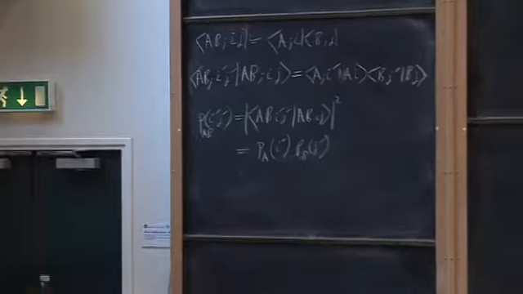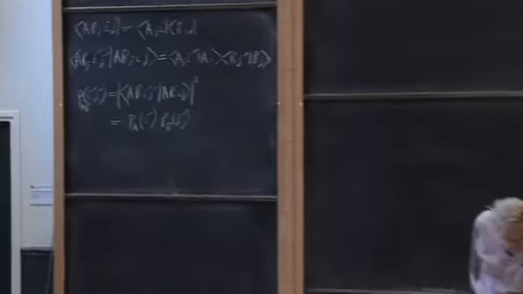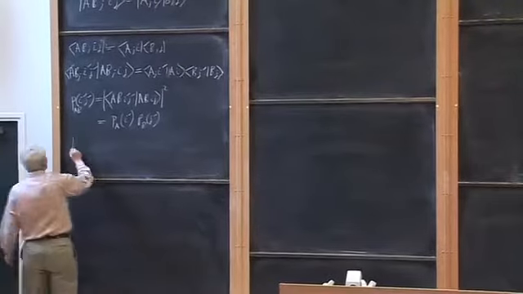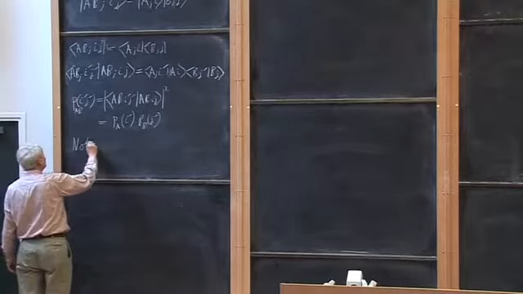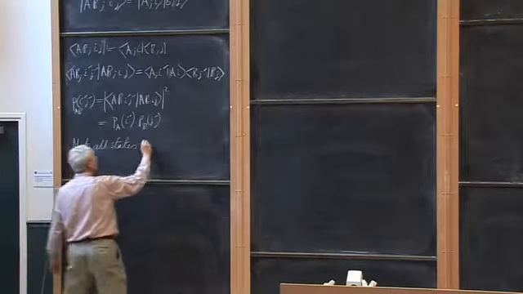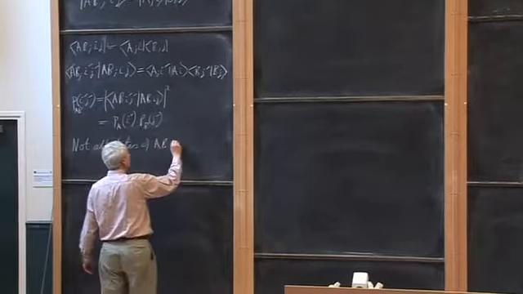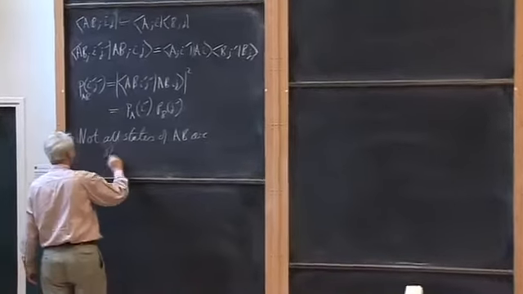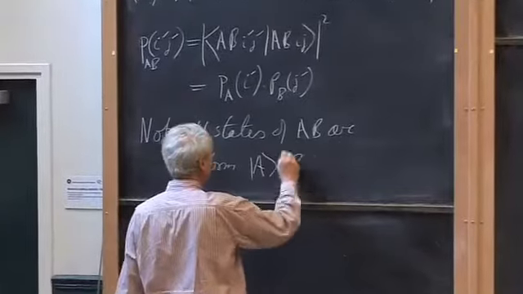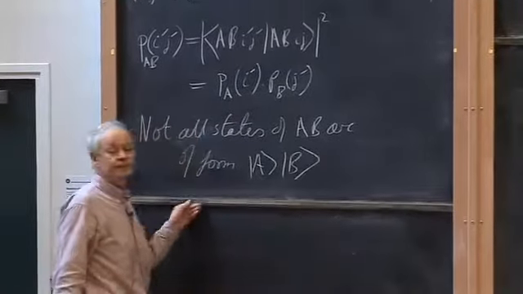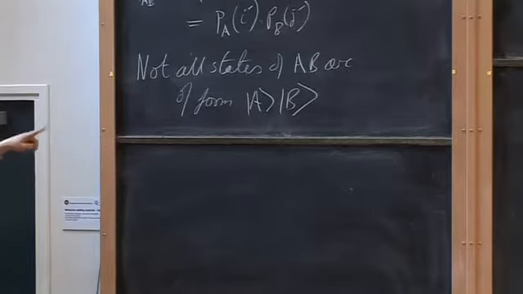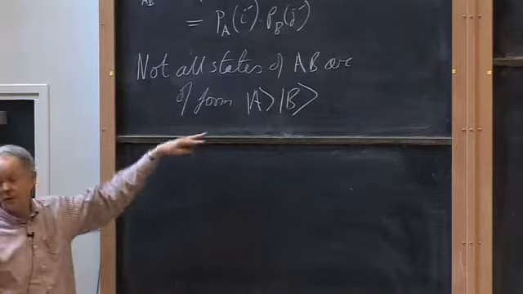Now having said that, and everything's nice and simple, I now want to show that not all states of AB, and this is the thing that's surprising, are of the form A, B. That's what I want to now establish, that it's not true that all states of the system are of this form.